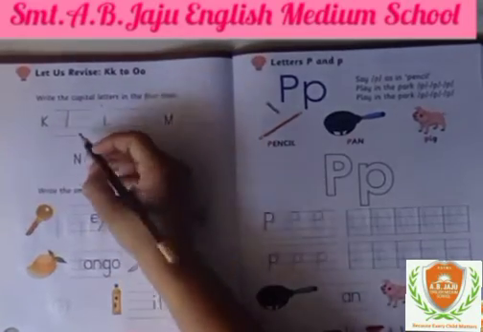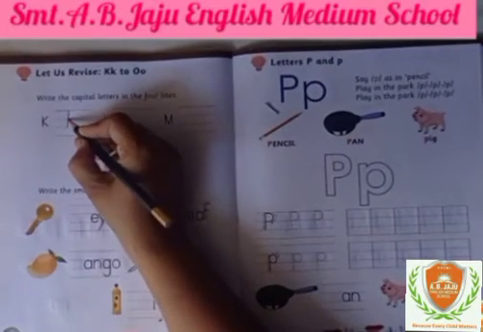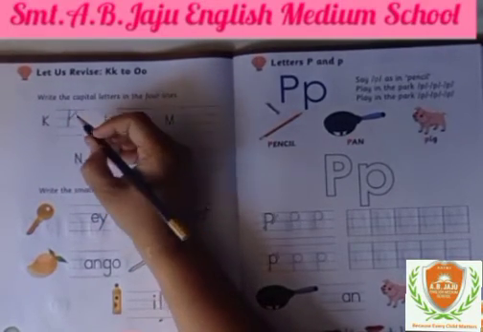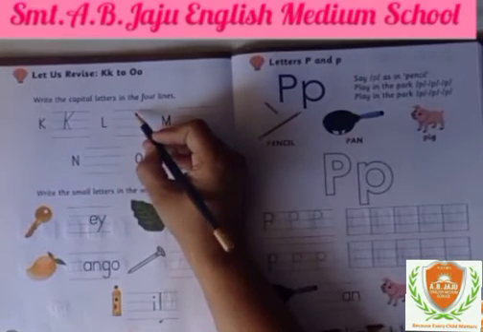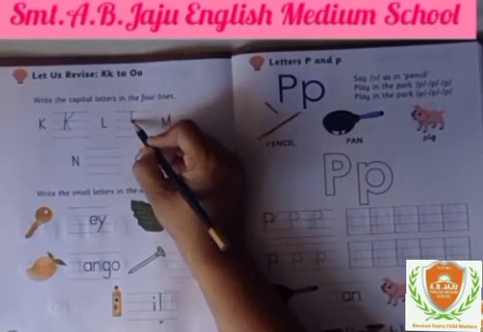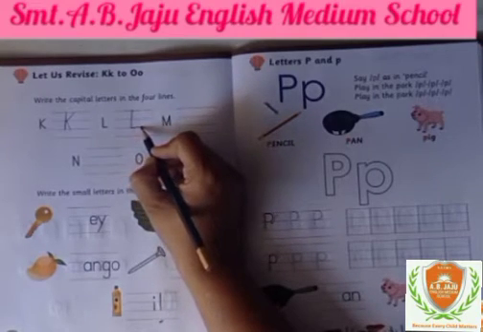Okay, like this. Make first a standing line and an upward slanting line, downward slanting line. So this is capital K. Now this is small k. Draw a standing line, and on the second blue line draw a sleeping line.